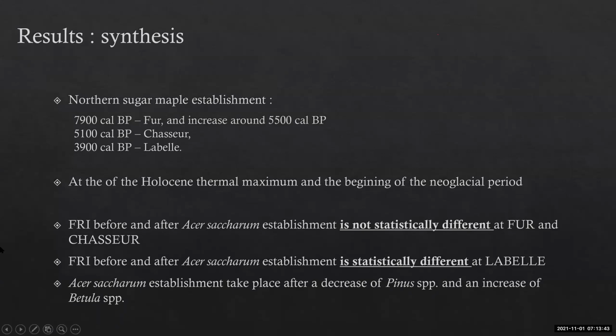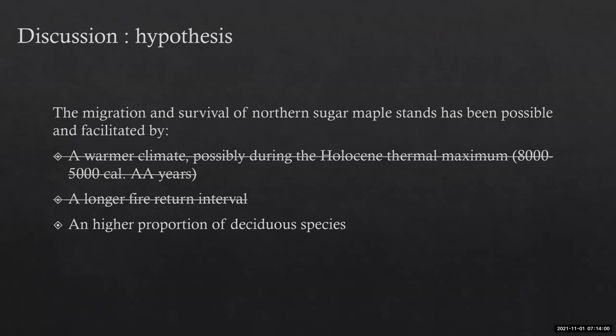And finally, we can see that the Acer saccharum establishment takes place after a decrease of Pinus and an increase of Betula, which is another deciduous species, a dominant species in the ecosystem. So if we go back to the hypothesis I mentioned at the beginning, it's not during a warmer climate, it's not really a longer fire interval.